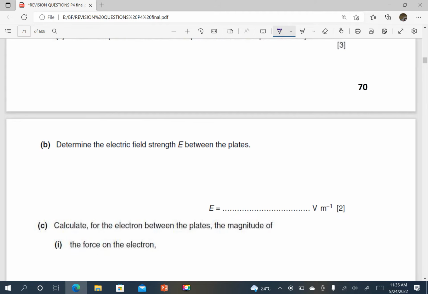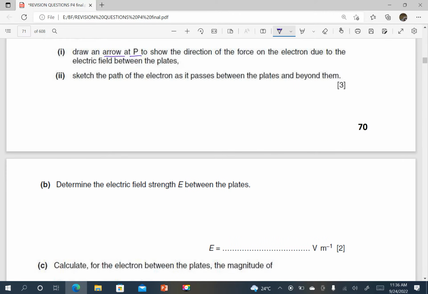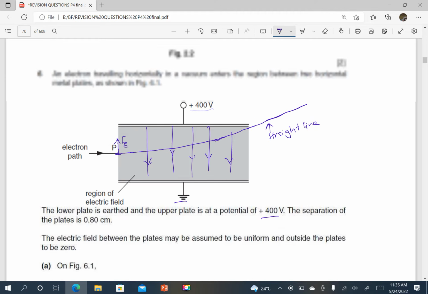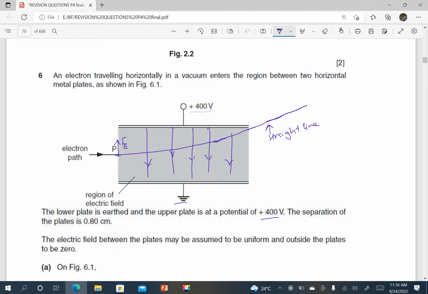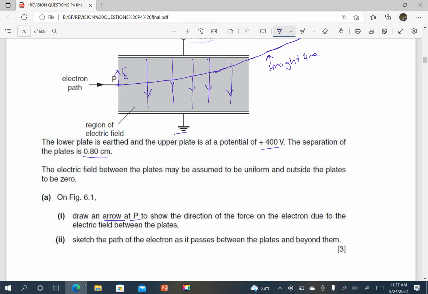Then determine the electric field strength E between the plates. So we go back to the plates, we notice that the PD is 400 and the separation between the plates is 0.8 centimeters.